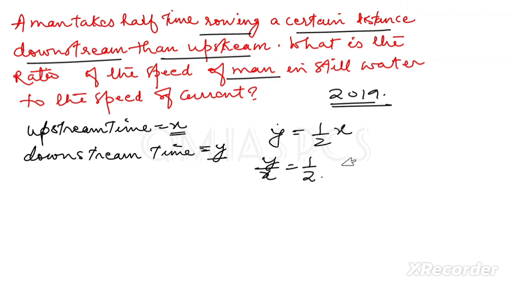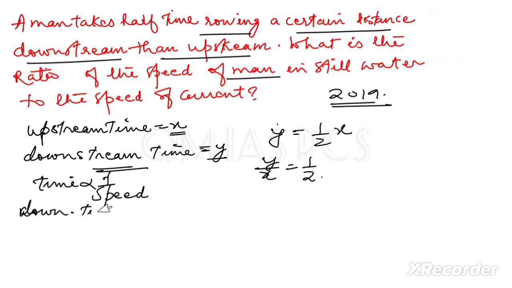Is it okay? Now what is y and what is x? y is the downstream time. Now we have to consider one thing: time is inversely proportional to speed. So here we write downstream first.